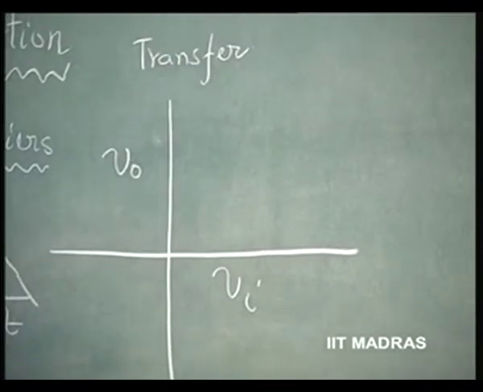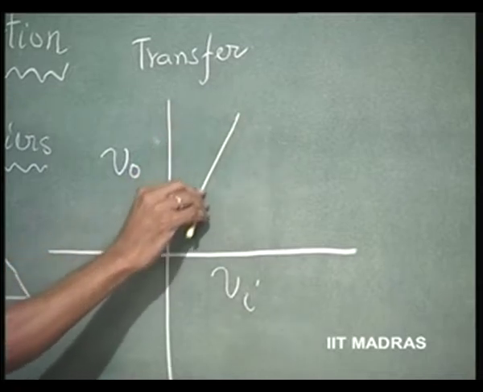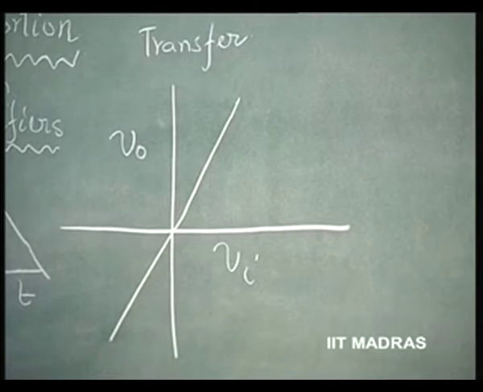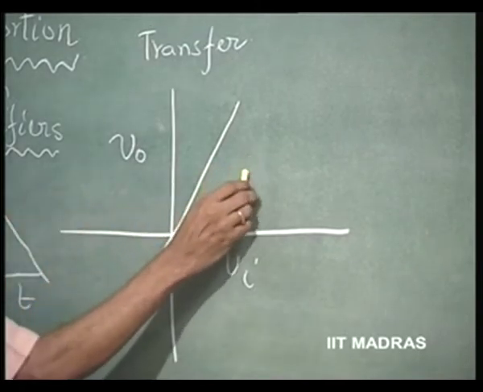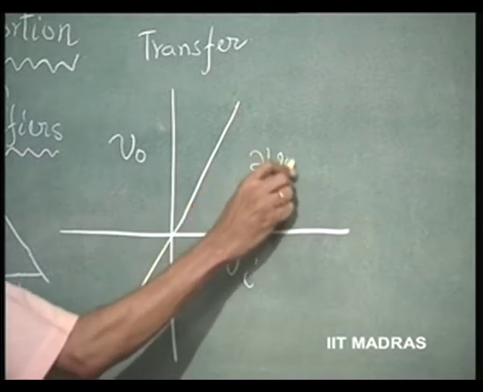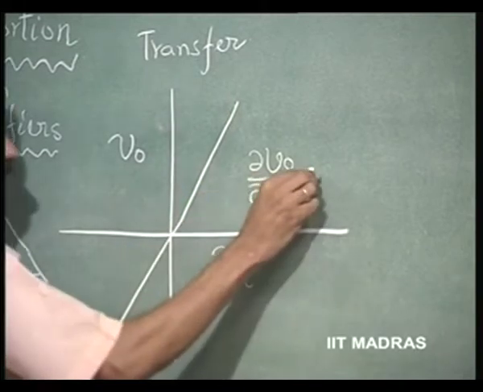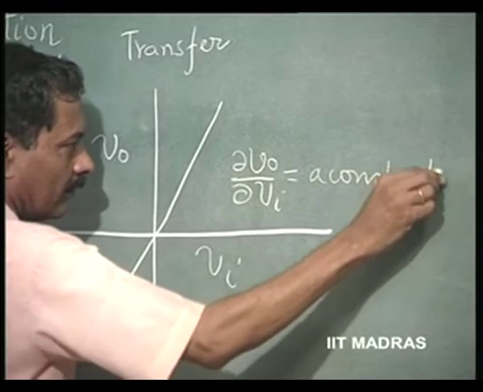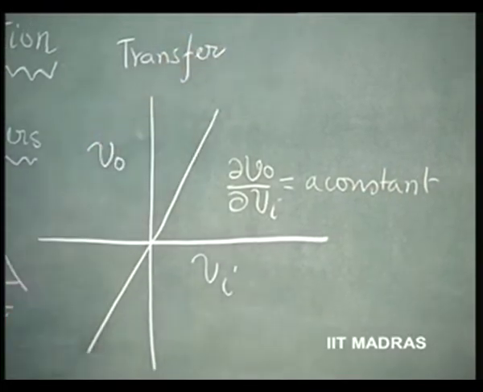Which is linear, then we can see that the slope delta V naught by delta V I is a constant. It is a constant throughout. This remains a constant.